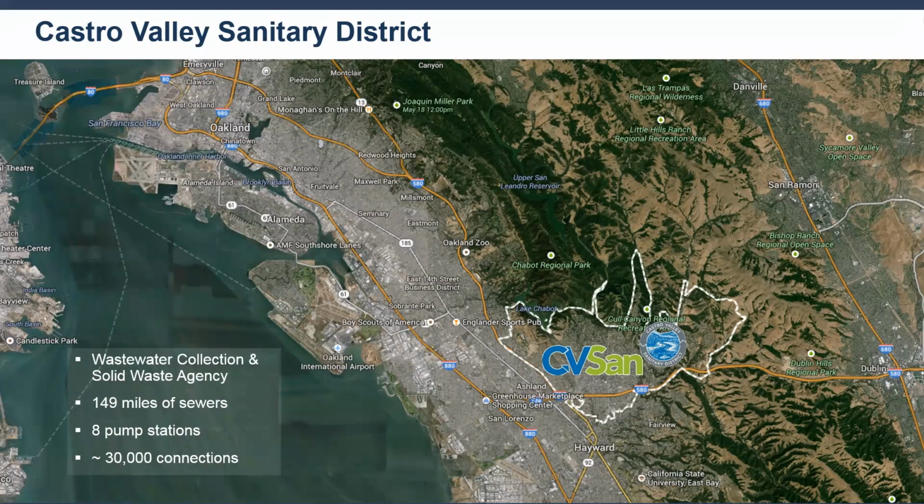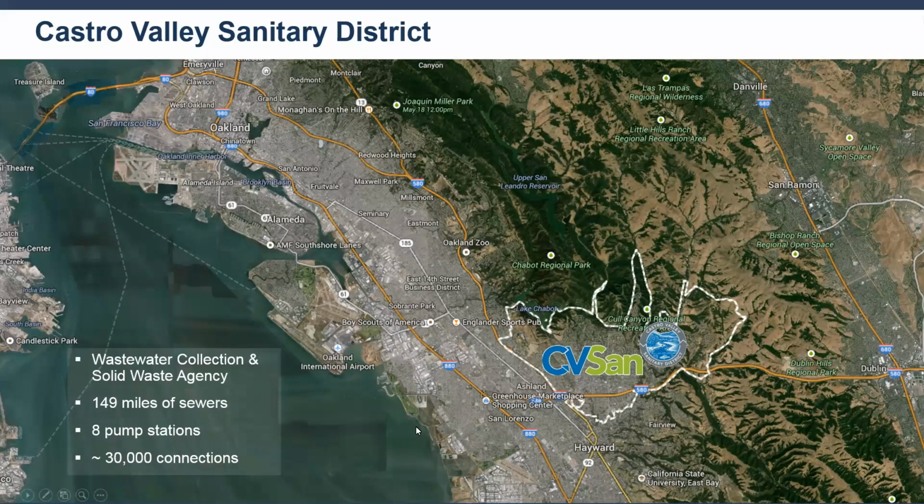And they are challenged, like many Bay Area agencies that are old and dealing with aging infrastructure. They have high I&I rates. Their peaking factor in a 10-year storm is approximately 9 to 10 between dry weather and wet weather events. And they have a lot of pressure from the public to keep their rates very low. They have some of the lowest rates in the area.